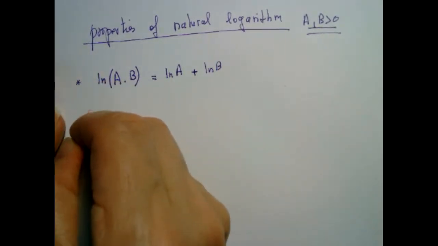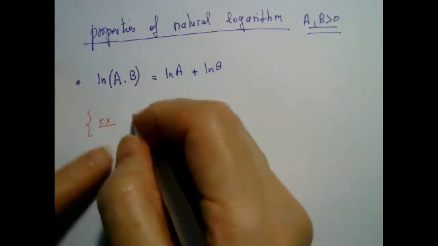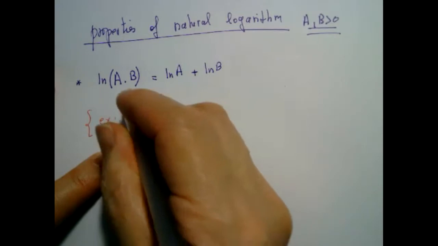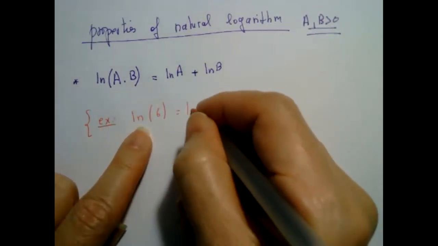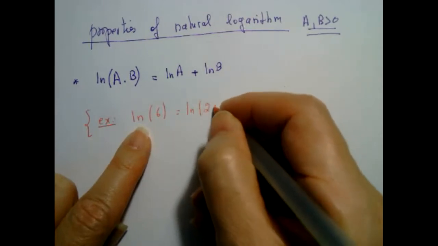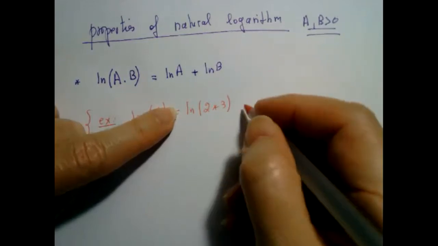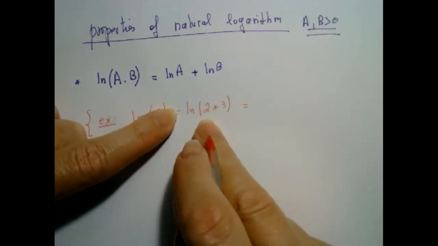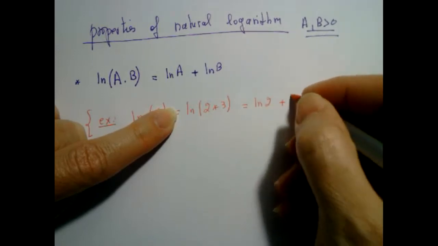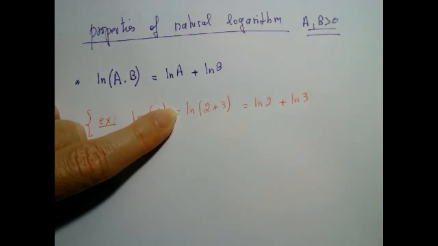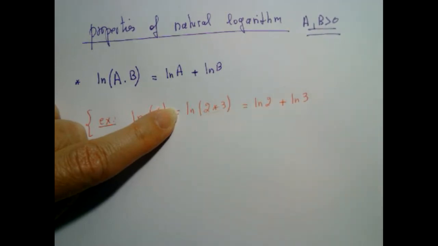So let's see a small example. How does it work? Suppose I take ln of 6. 6, I can write it as 2 times 3. It's the product of the two numbers, 2 times 3. This property is telling me that the ln of that is exactly the same thing as ln of 2 plus the ln of 3. That's what it's telling me, that if you have a product here, we can split it.